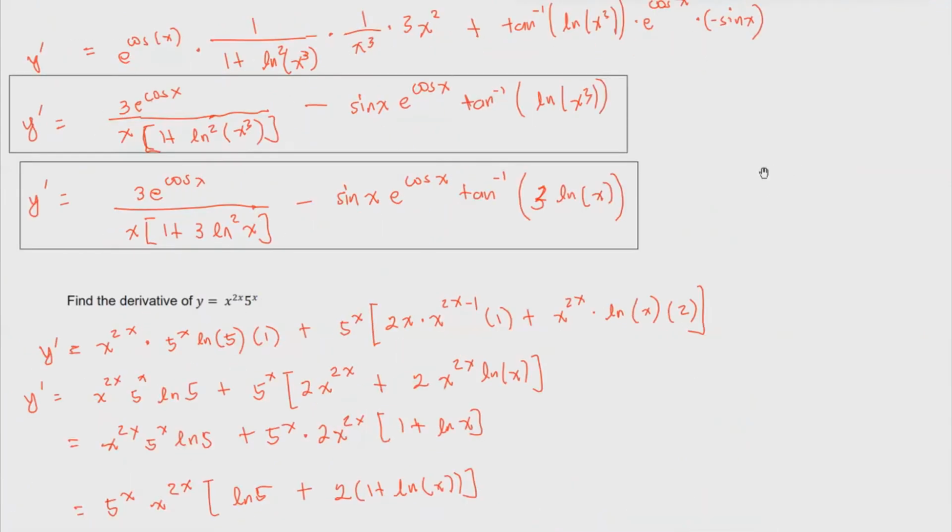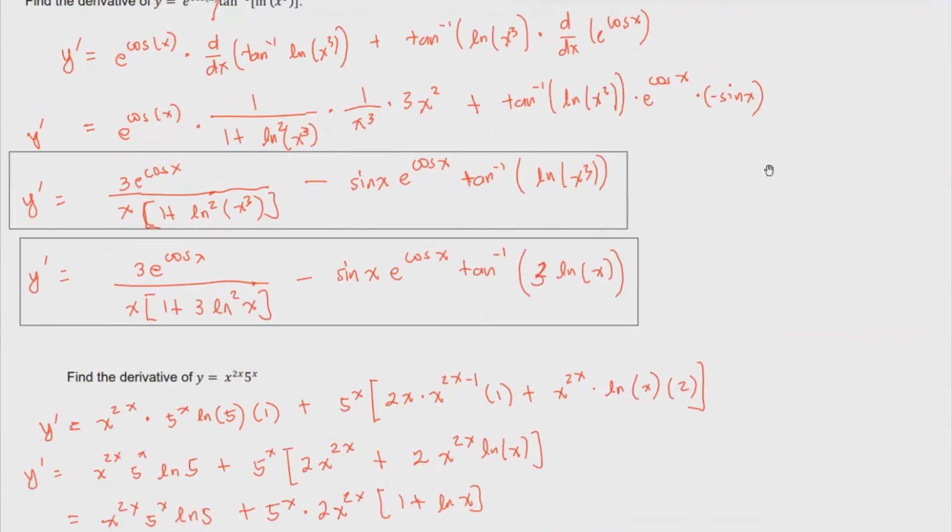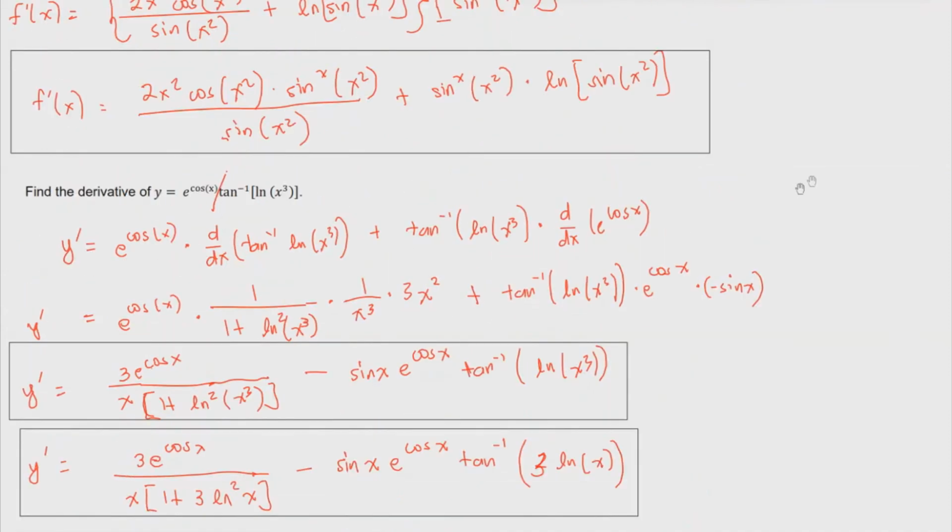Now, if the problem states that you need to simplify it in a way that I need to see, for example, only exponential function, or I just want to see all of it as if it's just trigonometric function without any, let's say, logarithm, then you need to simplify that further.